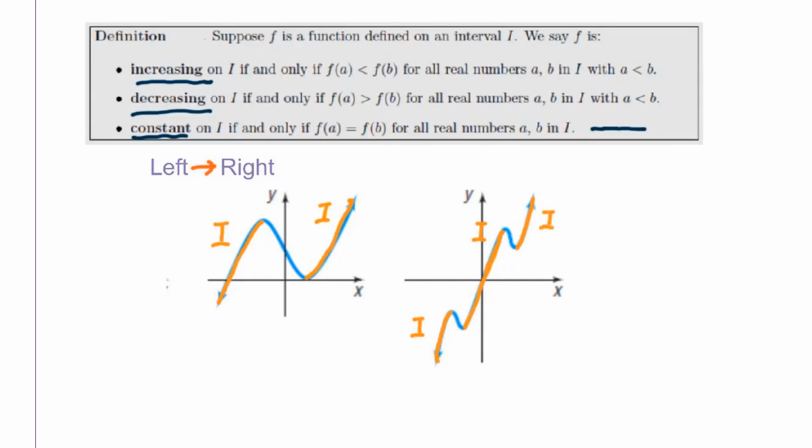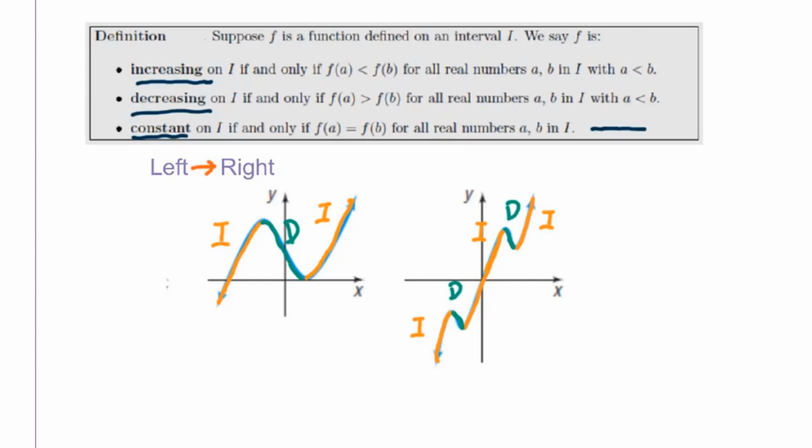Which part of a function is decreasing? From left to right, it's going down. The graph is going down, so this part is a decreasing function. This is decreasing. This is decreasing.